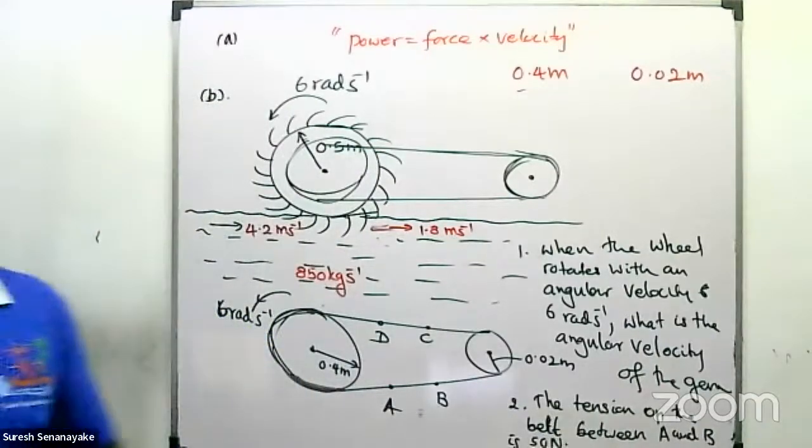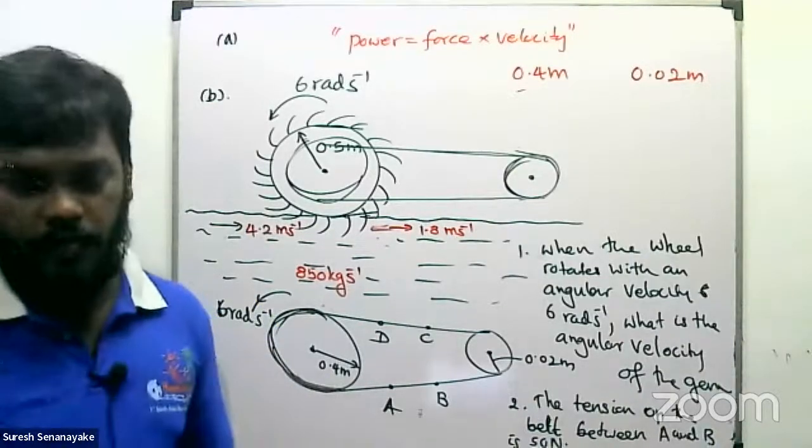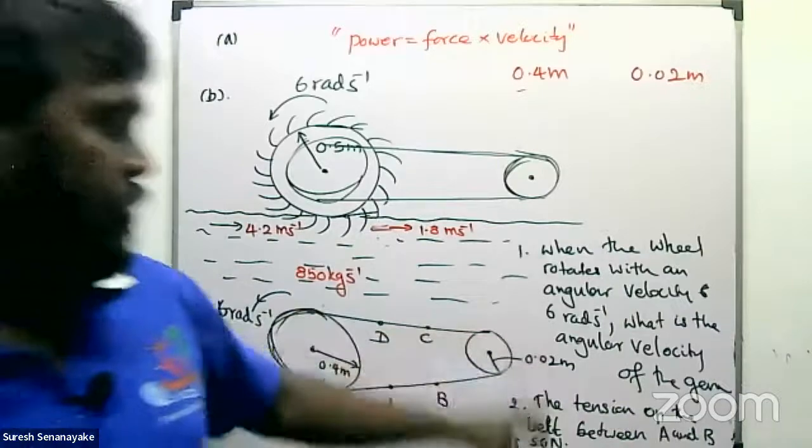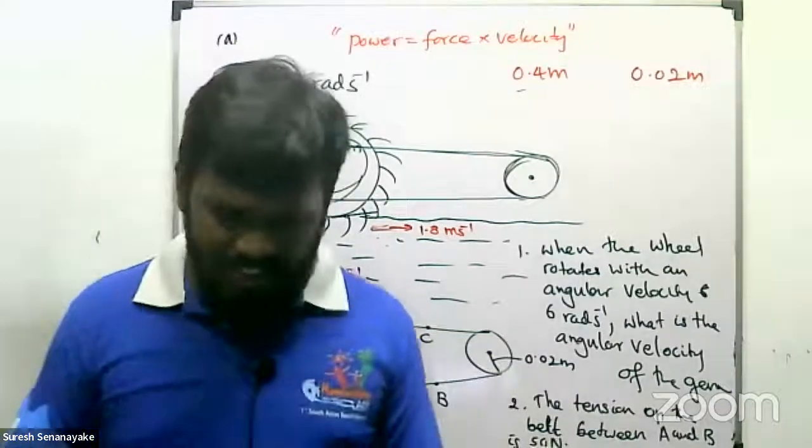They gave this one, right? So the last line means which one? This one or this one? Which one? Second answer.